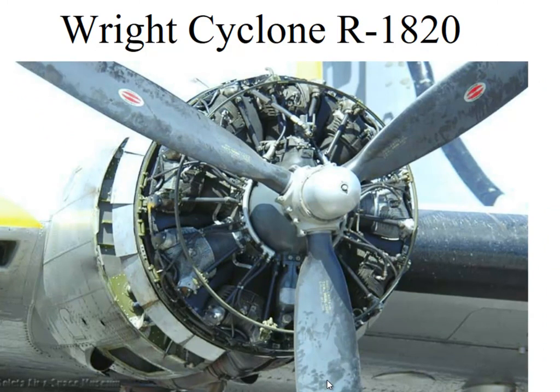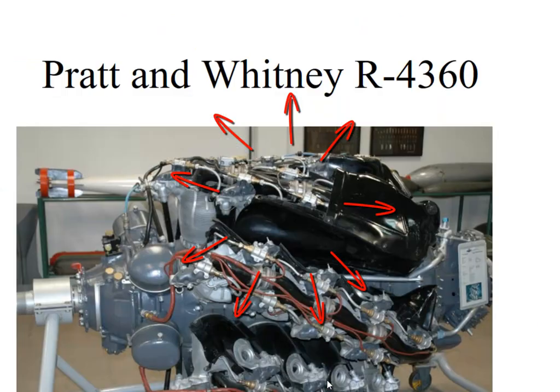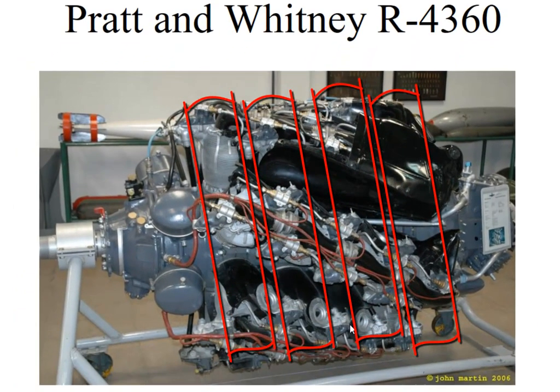Here's an example of a radial engine, the Wright Cyclone R1820. The R stands for radial in this case, 1,820 cubic inches, believe it or not, all in these nine big gigantic cylinders. The nice thing about radial engines is that you can stack more banks of cylinders in behind.